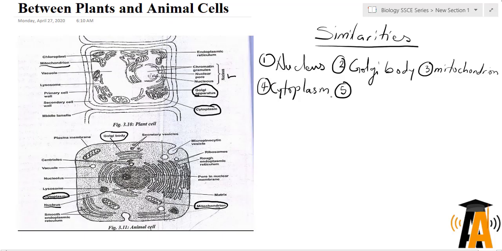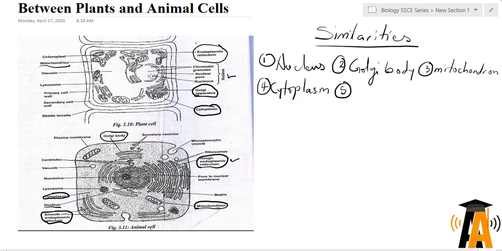Now we'll pick endoplasmic reticulum. Endoplasmic reticulum, the ER. Plant cell, this is it. And the animal cell, look at it here, just watch me, this is it. Endoplasmic reticulum. But if you look down again on the animal cell, this part that has been underlined, you see there's a difference. This is the smooth endoplasmic reticulum, while this one that was circled first is the rough endoplasmic reticulum.